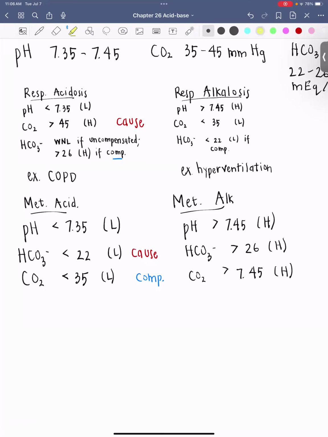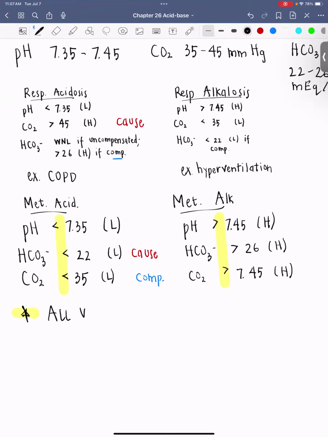One of the tricks, if you're given a set of values and you notice that all of the values are either low or they're all high, I'm going to highlight this also so you know what I'm talking about.